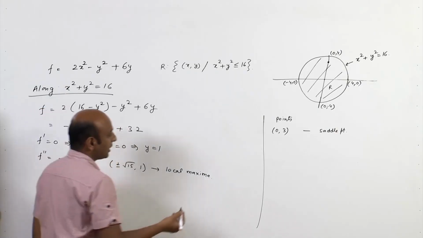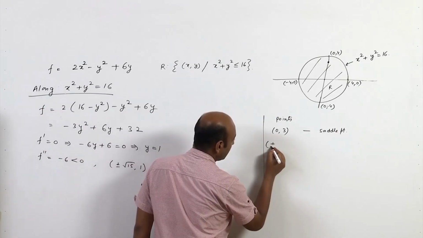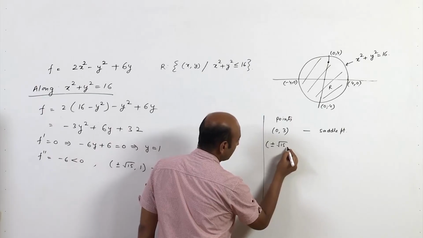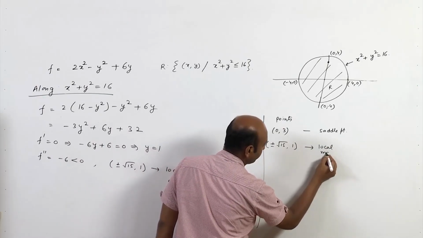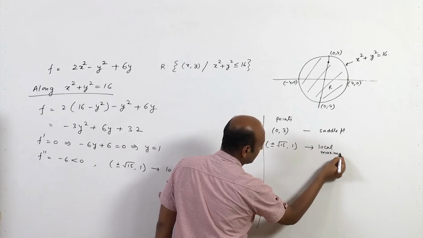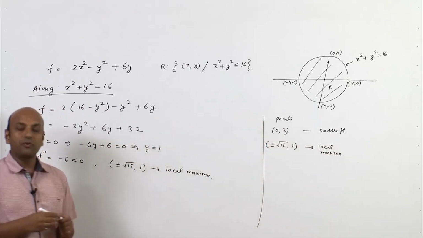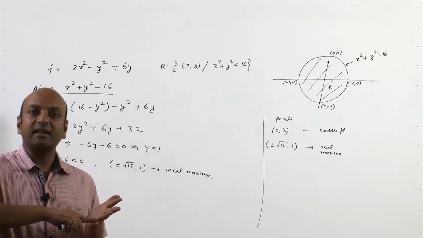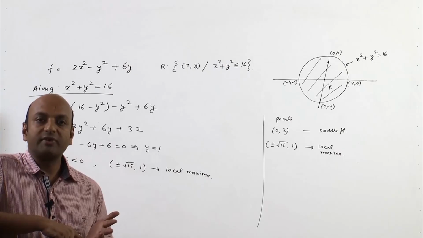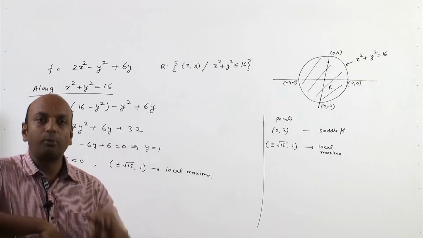So, we have found two more points, plus minus root 15 comma 1, and these points are points of local maxima. So, first we find an interior point by finding the critical point and check the nature of that point, then we move along the boundary of the region.